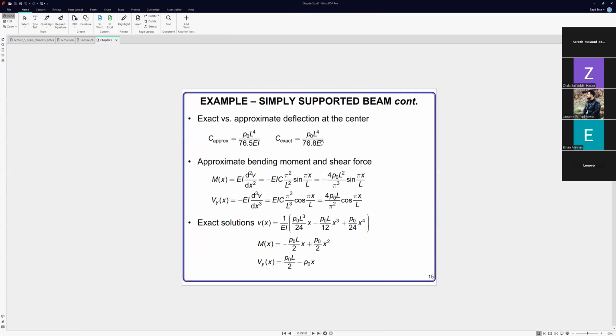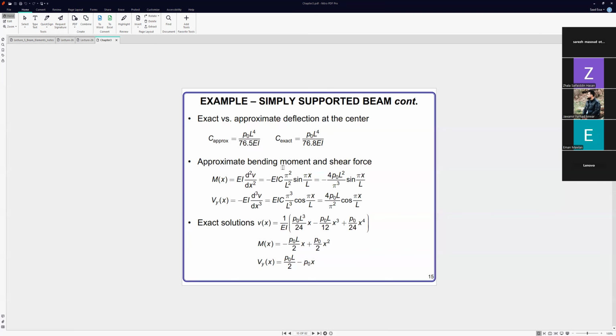And the exact one from strength of materials, you can find from the handbook or the manual of steel. It is a good table to find the deflection: P naught L to the power 4 over 76.8 EI.